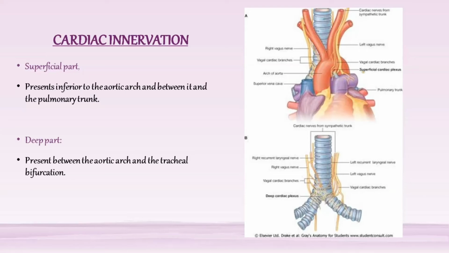Now this is the first picture, which is showing the superficial part of the cardiac plexus. This is the superficial part, which is located below the arch of aorta. This is the arch of aorta.